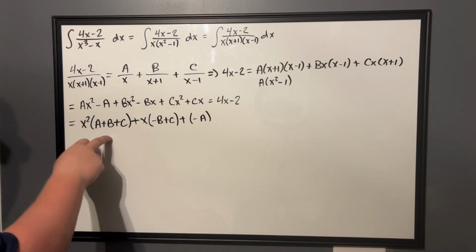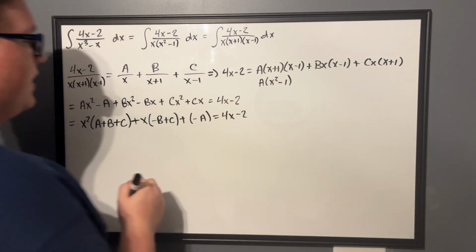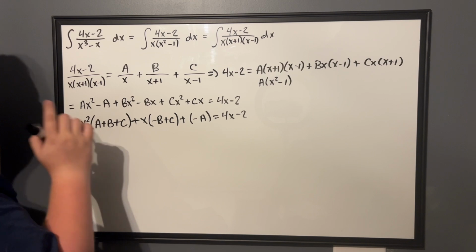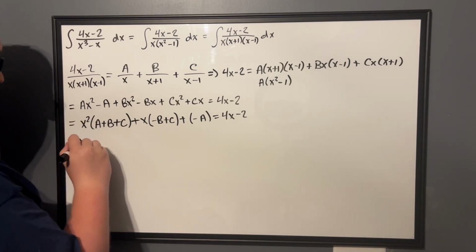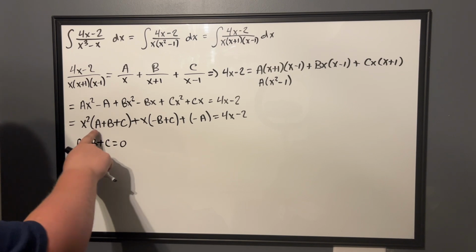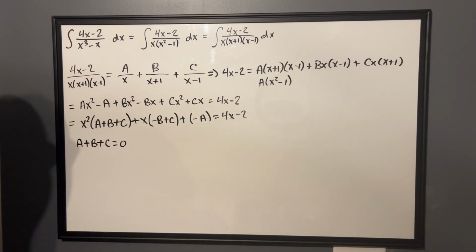Now, the reason this is helpful is because we can associate this with the 4x minus 2. And we notice that 4x minus 2 does not have an x squared term. So that tells us that a plus b plus c should equal 0. Because if this part equals 0, then the x squared term goes away, and we can make these equal to each other.